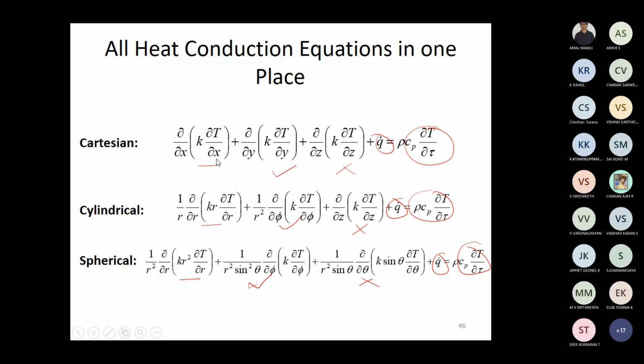And not just two boundary conditions. Each term dou square T by dou x square needs two boundary conditions, one on the left side of the x direction, one on the right side. Similarly, dou square T by dou y square needs two boundary conditions, and dou square T by dou z square, two boundary conditions. That means you need 6 boundary conditions and one initial condition to solve this problem.